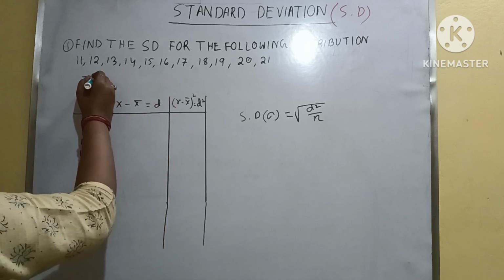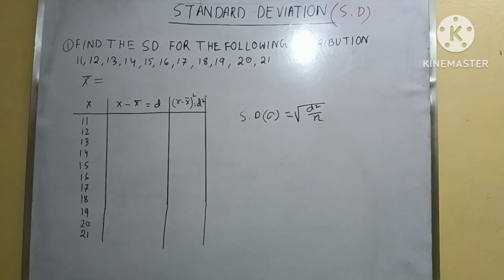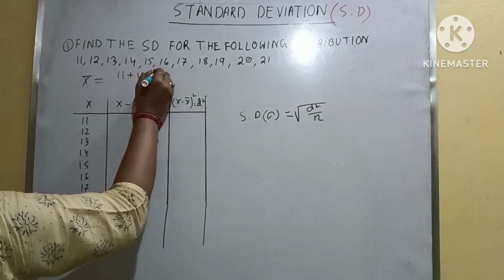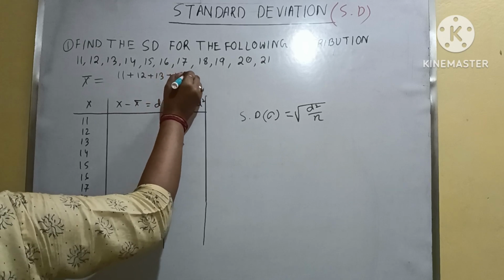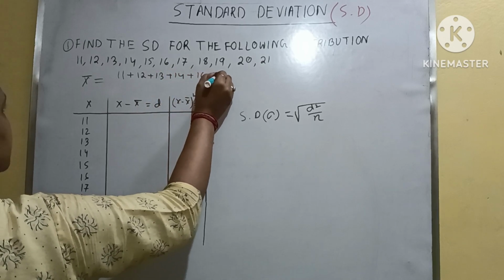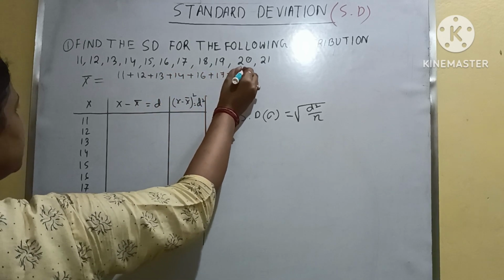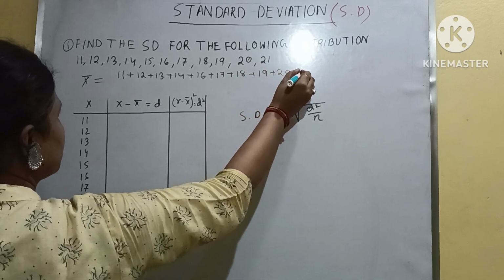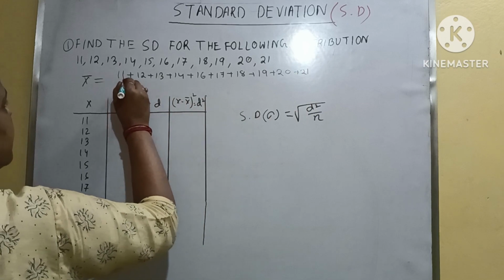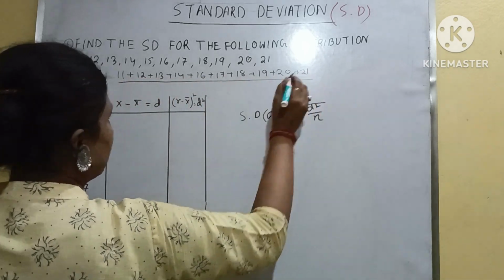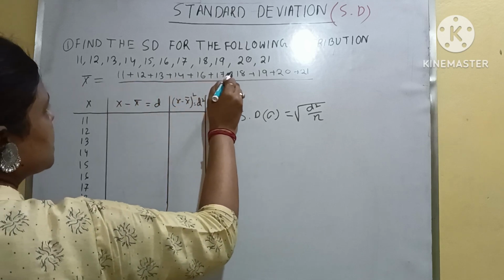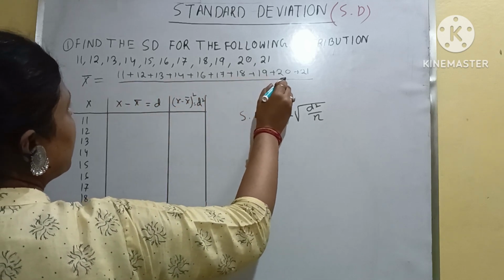So first you have to find out the x bar. X bar means 11 plus 12 plus 13 plus 14 plus 16 plus 17 plus 18 plus 19 plus 20 plus 21, divided by the number of observations.